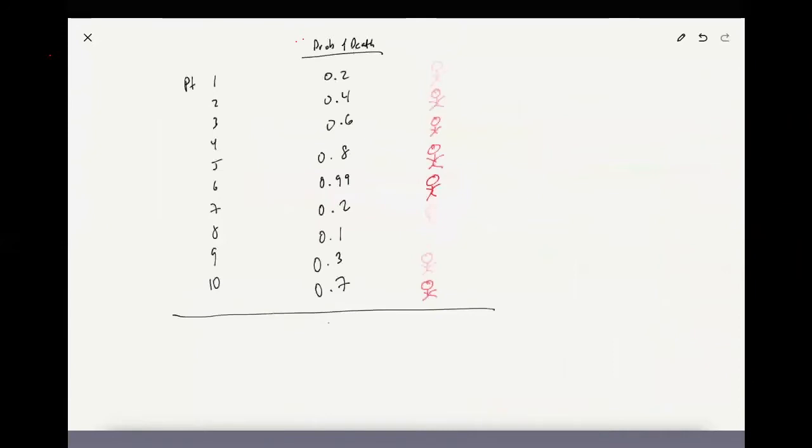So we're going to have 10 patients. Each one of these patients has a different probability of death, and we color that here to the right side as darker shades of red indicate higher likelihood of dying. And if we add all that up, we get expected deaths of 4.5 here. So we expect 4.5 deaths out of this group of 10 based on this modeling.